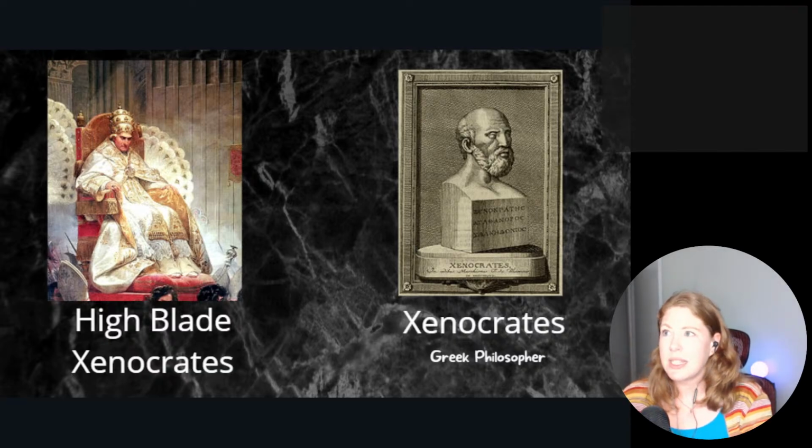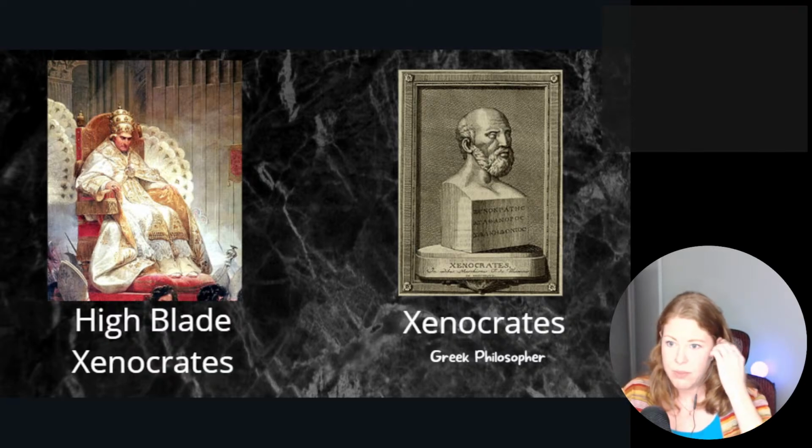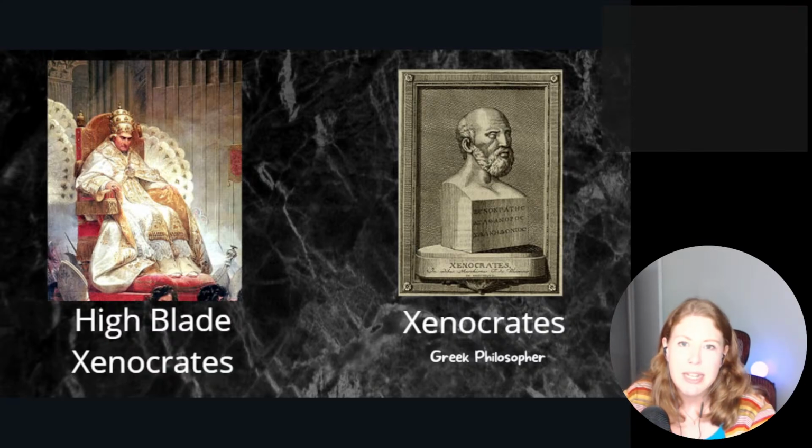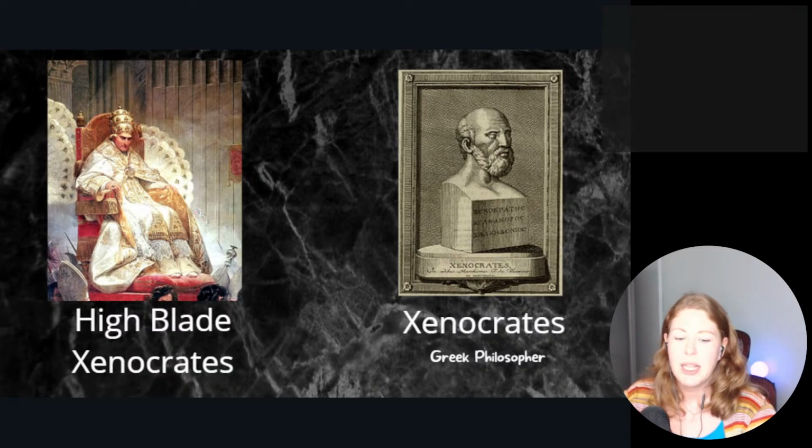Xenocrates is probably the oldest patron historic mentioned in the book. No, that's not true, I lied. High Blade Prometheus is probably the oldest patron historic mentioned in the book. But as far as characters that we meet go, Xenocrates is probably the oldest.